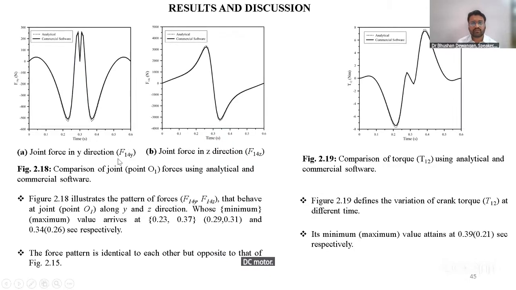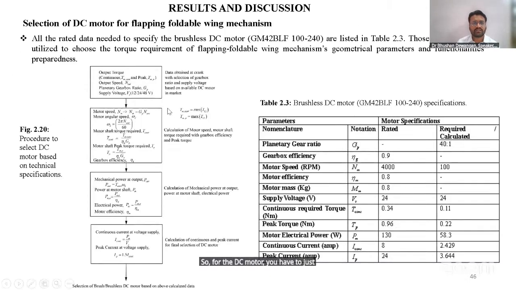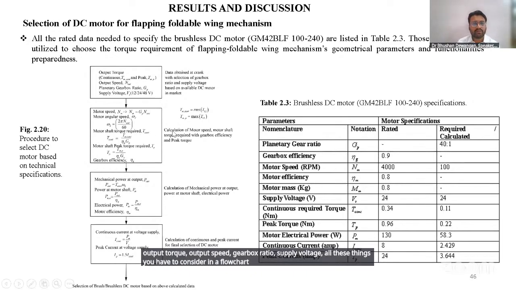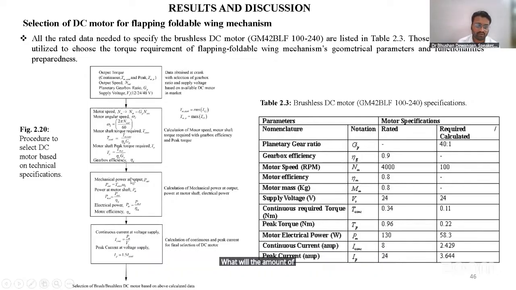For the DC motor, we have to find out how much torque we have to consider. Output torque, output speed, electric gearbox ratio, supply voltage, all these things we have to consider in a flow chart. How will be the motor speed, all the gear efficiency, peak torque, how will be the mechanical power at output, what will be the power at the motor shaft, all this consideration we have to take.